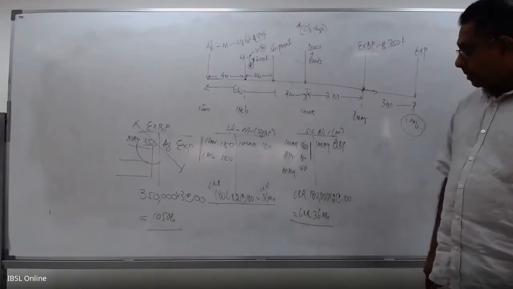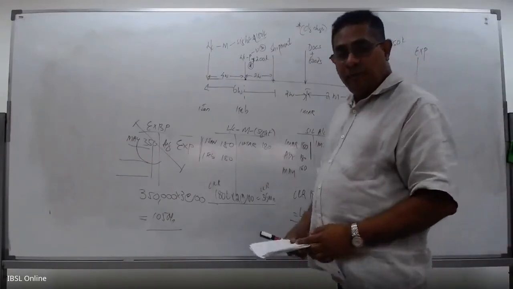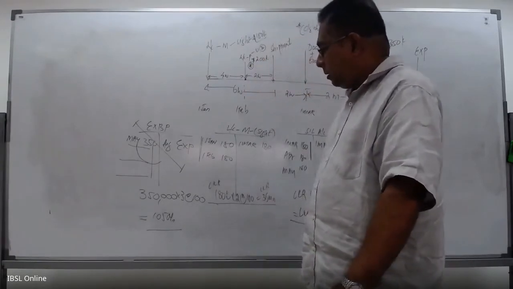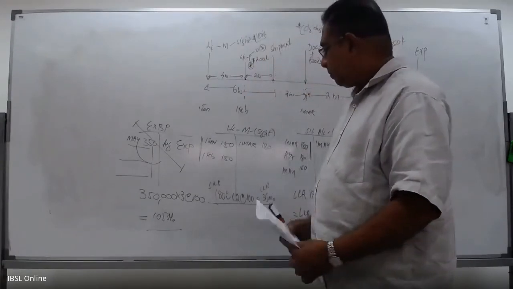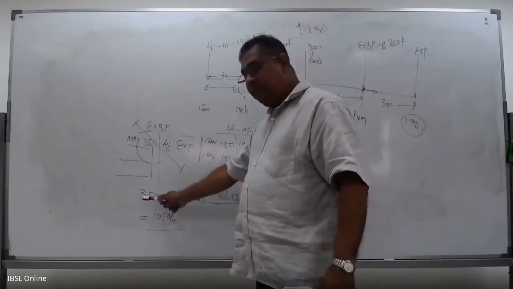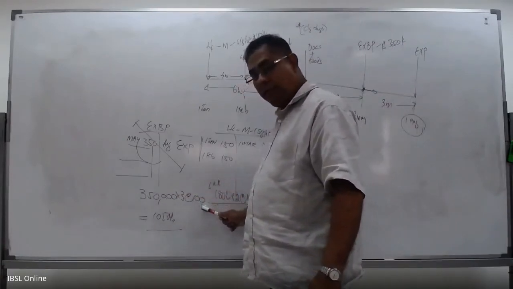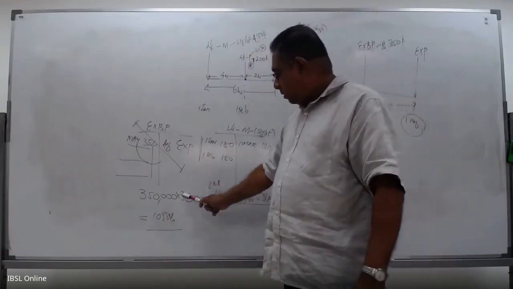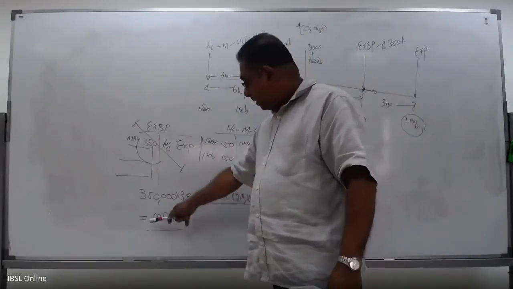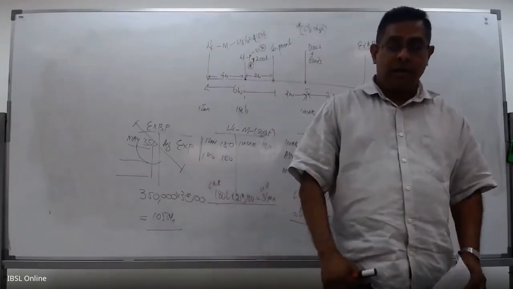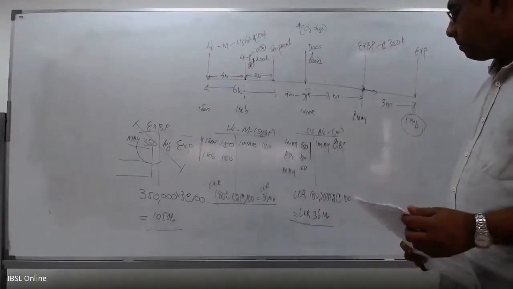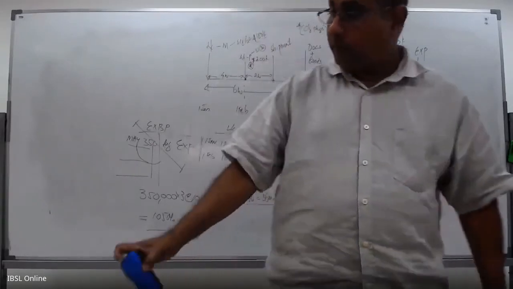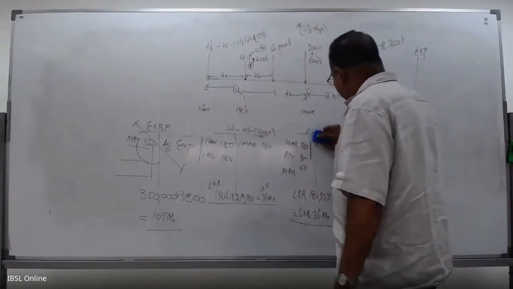Underneath, therefore, the export bill purchasing facility will be equal in LKR, you have 350,000 into 3 at the rate of 100, equal to 105 million. Right.